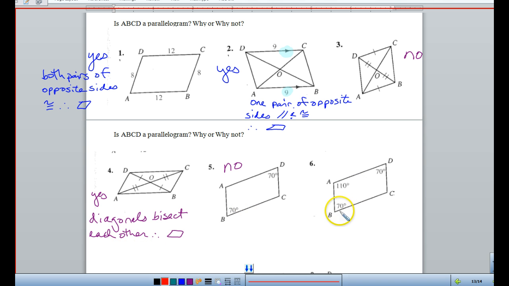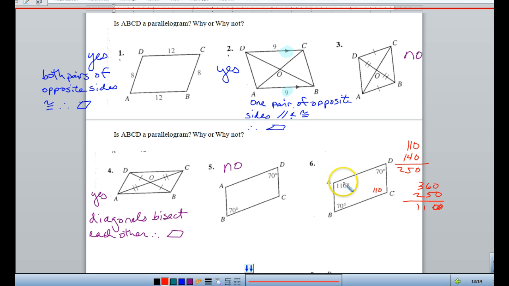Well, let's take a look at this one. I've got 3 angles that are labeled. And remember, I've got 360 degrees in a quadrilateral, so 110 plus 70 plus 70, that's 250. 360 minus 250 is 110.